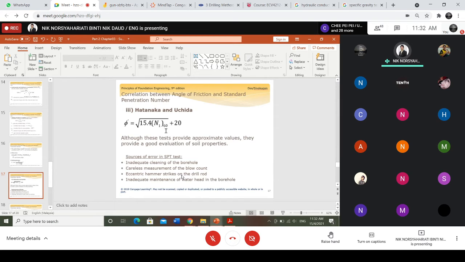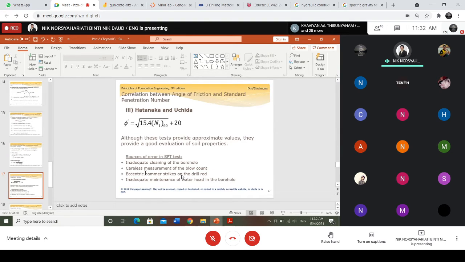But of course, if you are talking about the SPT test, or the test to get the N60, the numbers related to each of the important parameters, there are a few sources of errors. First is inadequate cleaning of the borehole.